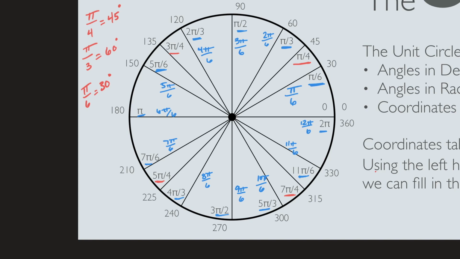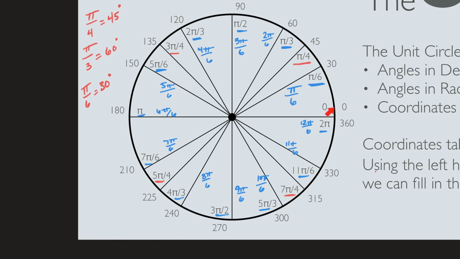Right. So real quick, let me do it one more time. I found the 45s first, and I put those in place. 1, 3, 5, 7 pi over 4s. It's odd number values. Then I'm going to start here. Now 0, I'm going to assume that we all get 0. It doesn't matter if I'm talking about radians or degrees or anything. 0 is just 0.